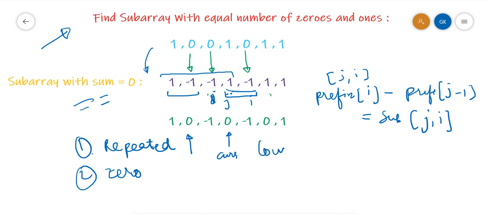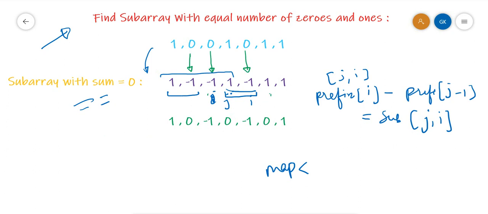To count the number of subarrays having equal number of zeros and ones, we will create a hash map to store the elements and the indices where the elements are present, so that we can find the repeating elements. We first go through I equal to 0.